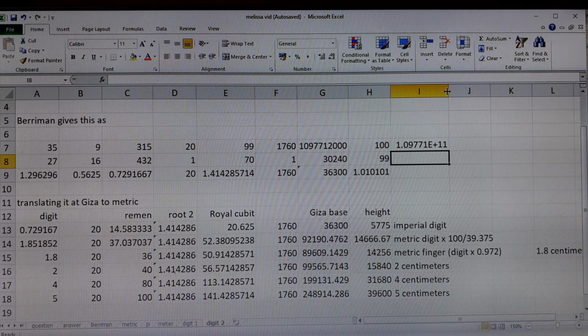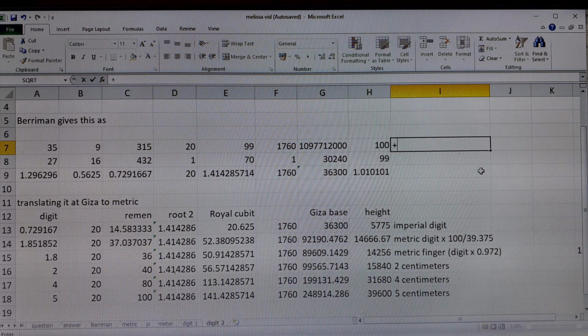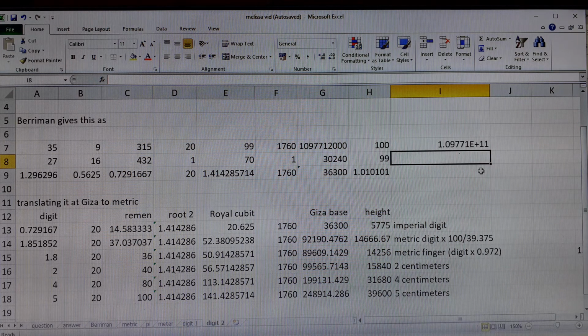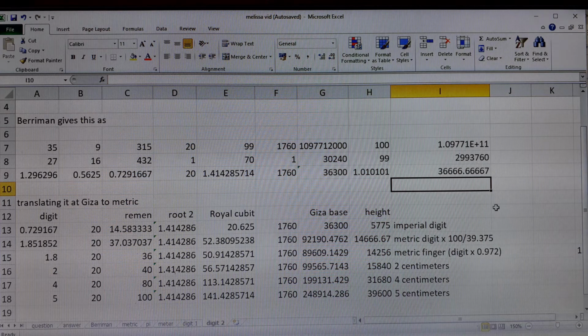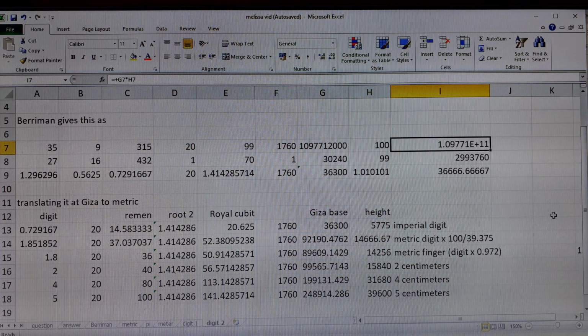Doesn't fit. It won't take it. It doesn't matter. It works out as 36666.667, even though that is too big for the cell.